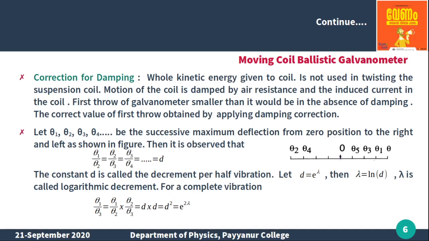We mark that constant as d, and it is called the decrement for half vibration.